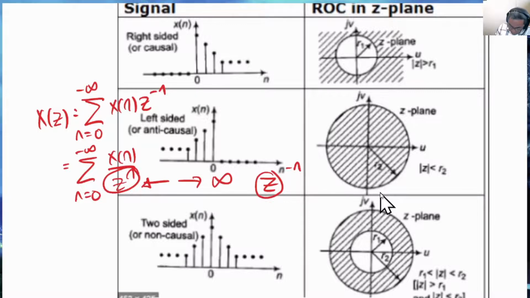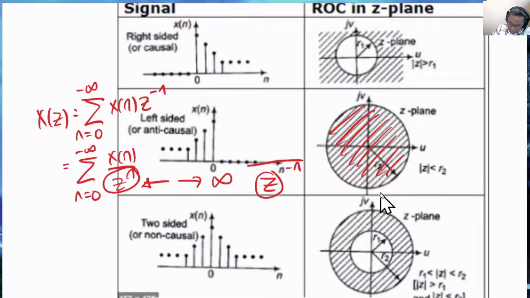So what happens is that we need z to have smaller and smaller values. And when z has a smaller and smaller value, z to the minus n becomes larger and larger. And hence the region of convergence is inside, actually inside the pole that is nearest to the origin, if there are multiple poles.